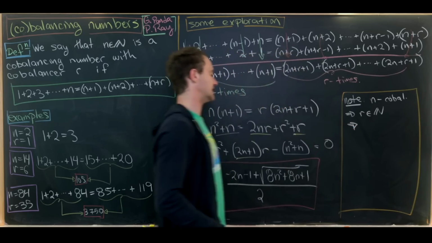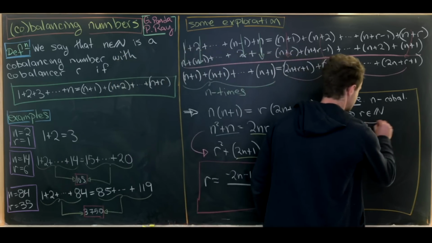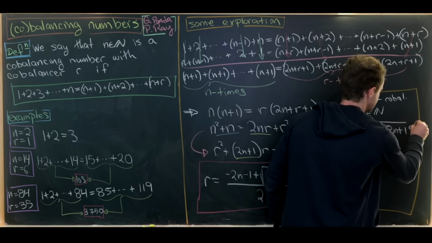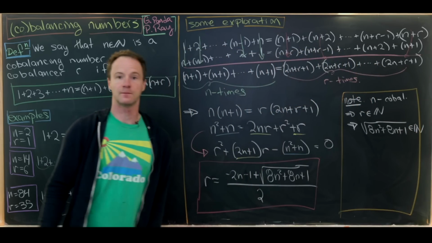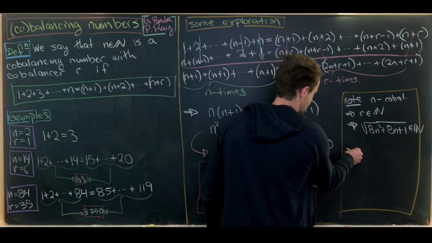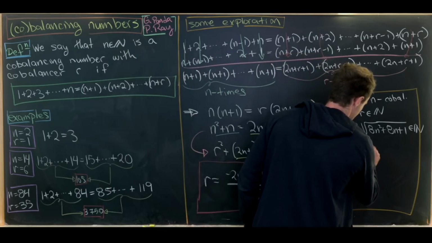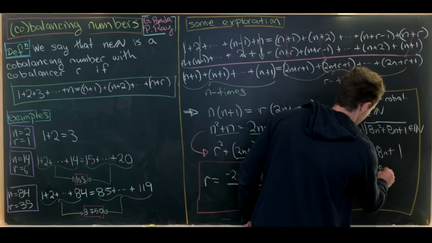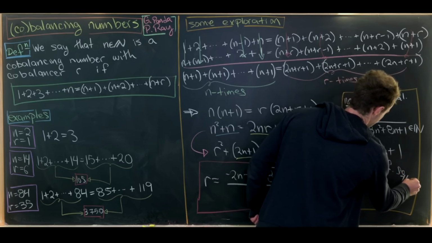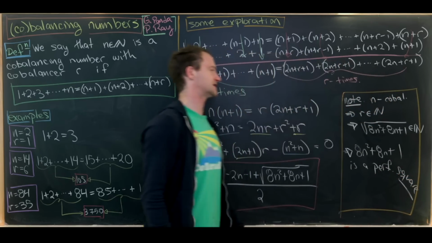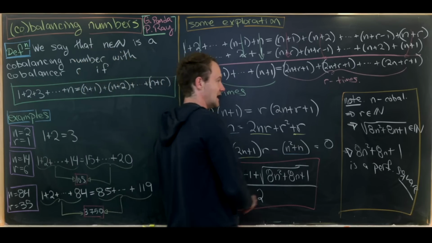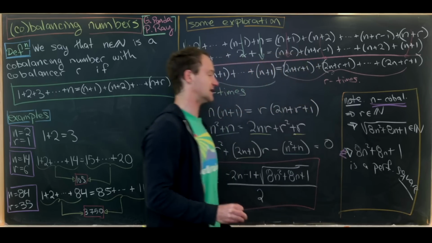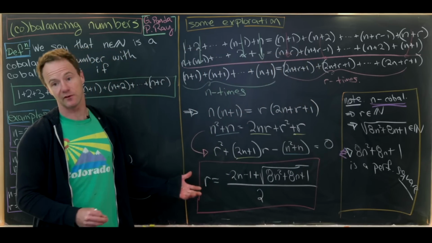But if r is a natural number, that means that the square root of 8n² + 8n + 1 is also a natural number. But if that's a natural number, that is exactly the definition for 8n² + 8n + 1 being a perfect square. So that gives us this nice condition that n is co-balancing if and only if 8n² + 8n + 1 is a perfect square.